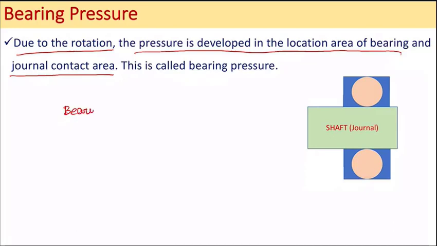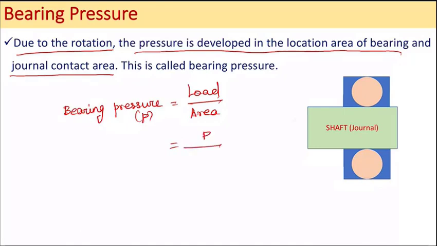We can calculate it as load by area. Here the load is P, and the area is the length of the bearing into the diameter of the journal, L into D. Load unit is Newton, and here the unit is millimeter square.